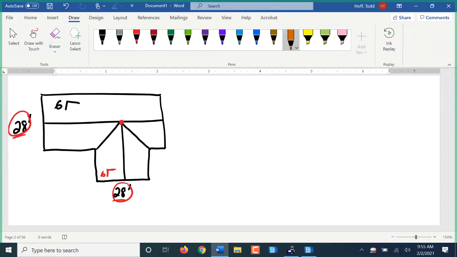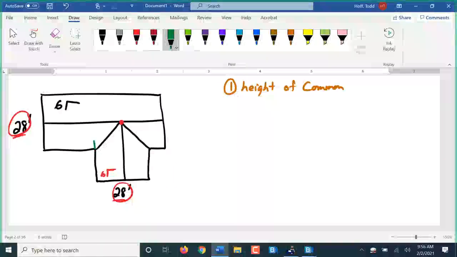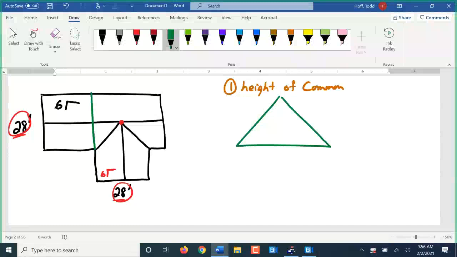So we're going to start out with the same step. We're going to look at the common rafter, at the height of the common first. Here it really doesn't matter what direction we take the common rafter. Typically, however, the common rafter is on the main roof, so we'll go on the main roof here. 28 feet, looking for the height, and this is a 6/12 slope.